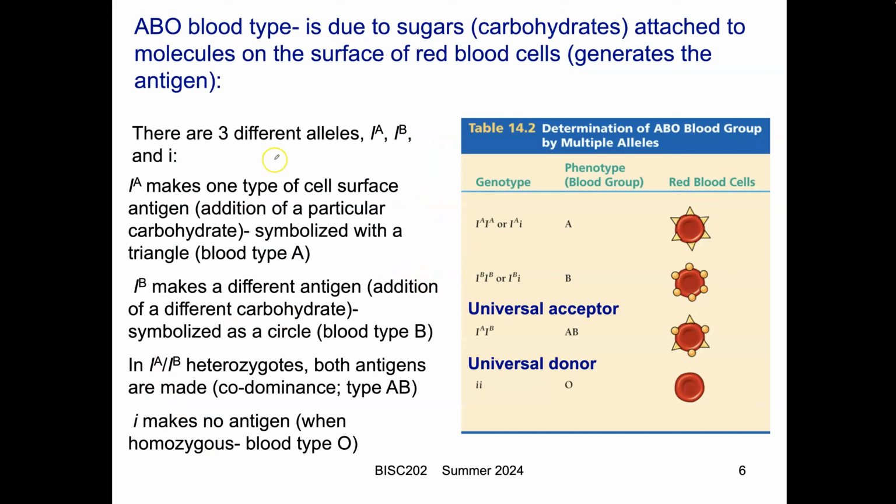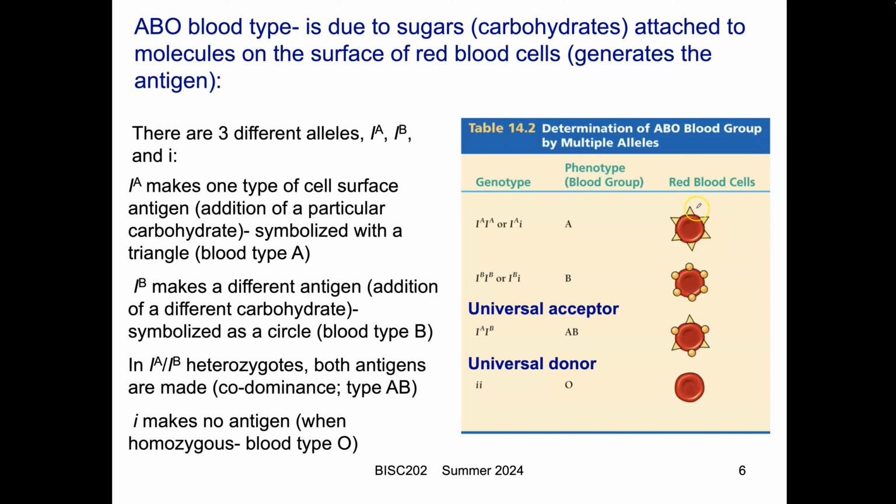And so this is how it works. It's the sugars that are being added onto the molecules on the surface of the blood cells. And the reason why these are very important is these are some of the proteins, this isn't all of them, that are used by the body to monitor which cells belong, which cells are self, which cells are belonging to the body, and which cells are potentially invading pathogens.